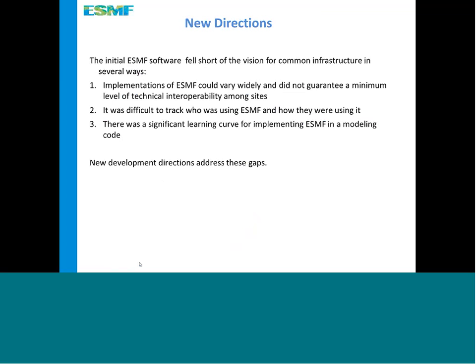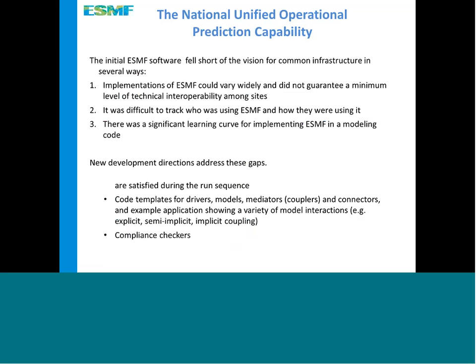So the implementations of ESMF could vary widely and didn't really guarantee a minimum level of technical interoperability. So another issue is that it was difficult to track who was using ESMF and how they were using it, and there was a significant learning curve for implementing ESMF in modeling code. And new development directions address these gaps.